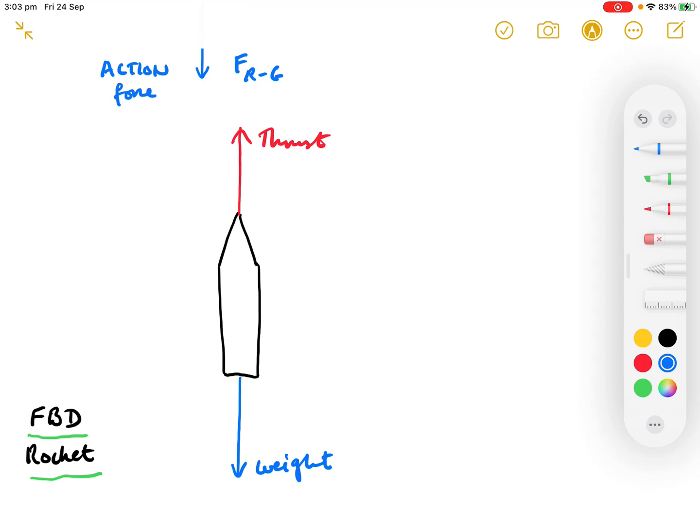Now basically those are the two forces. We generally neglect air resistance when it comes to rocket situations.